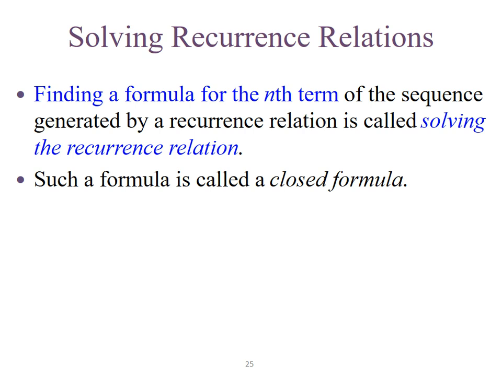We don't know, because we need to calculate F1, F2, F3, and then go on to F10. But if we can find the closed form formula directly, then we can use it to get the nth term. That's the goal for this section.